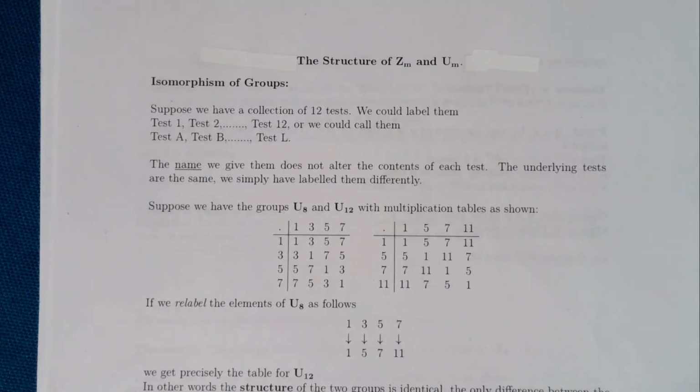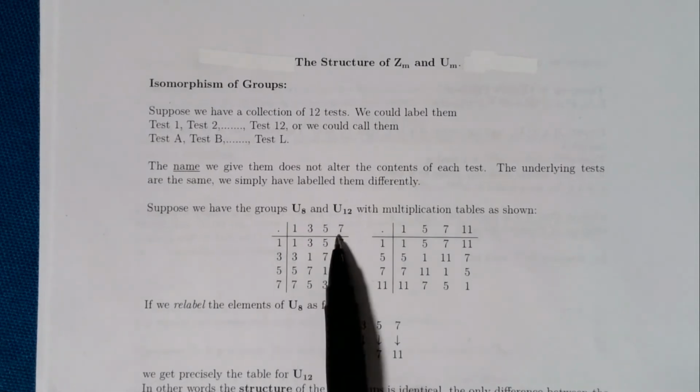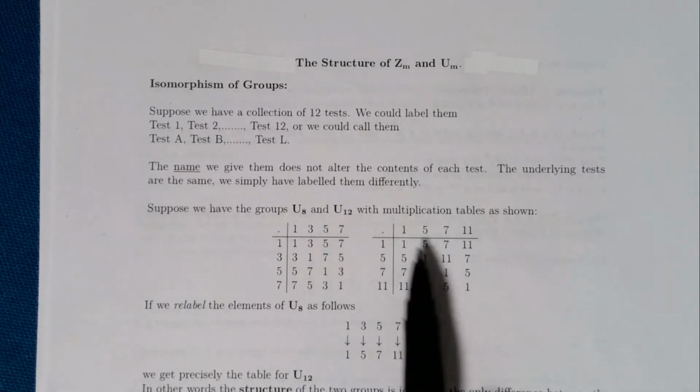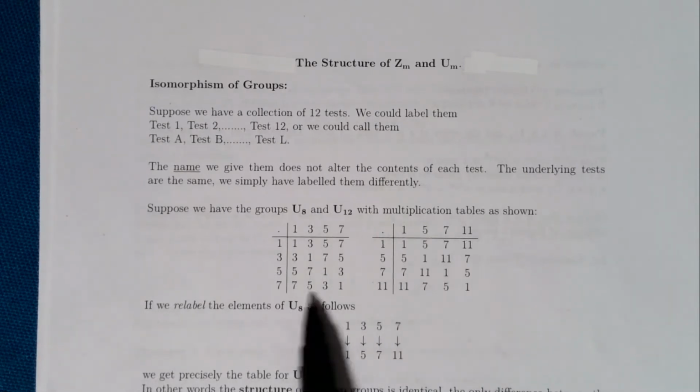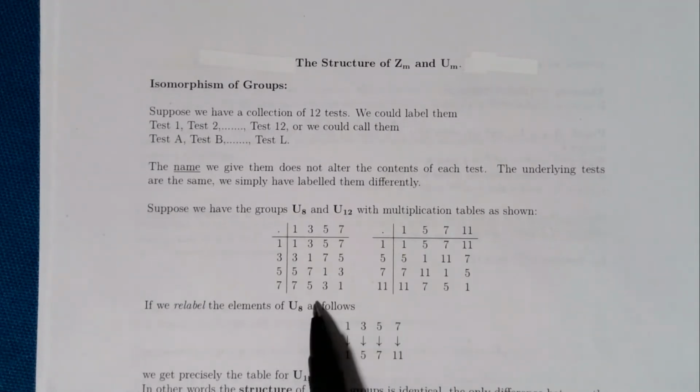So suppose I'm going to take these two groups U8 and U12. U8 are the numbers that are relatively prime to 8: 1, 3, 5, 7, and U12 are the numbers that are relatively prime to 12: 1, 5, 7, 11, and I've drawn up their multiplication tables. If you look carefully at these, you can see that the multiplication tables are essentially identical to each other.